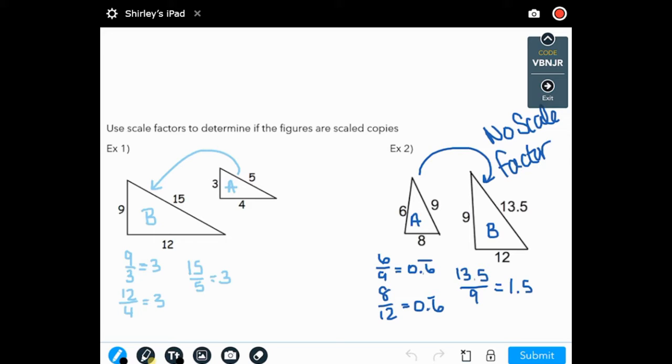So what is the scale factor that takes me from the small shape to the large shape? Another minute or so to finish up.